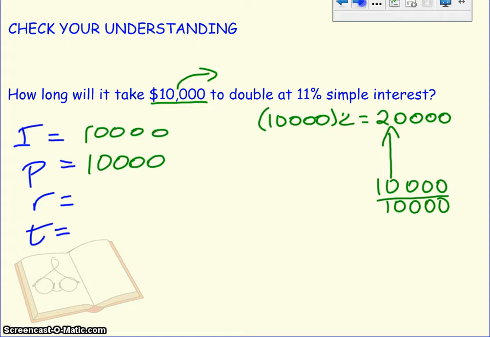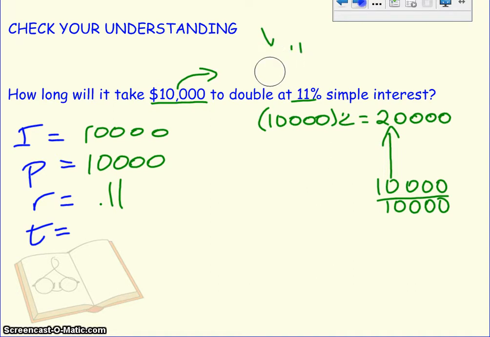And it says that the interest rate is 11%. Now some of the students that I've had in the past, this is one very common mistake that I see students make, is they'll think that it's 0.011 because you're used to seeing that 0 right next to the decimal.